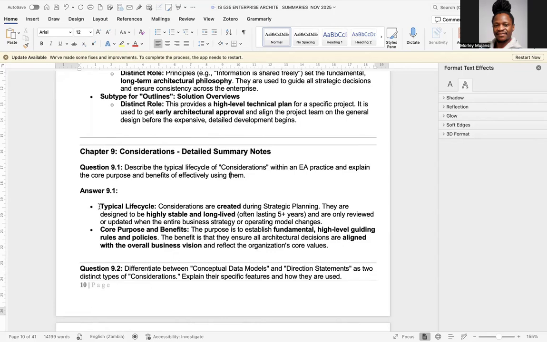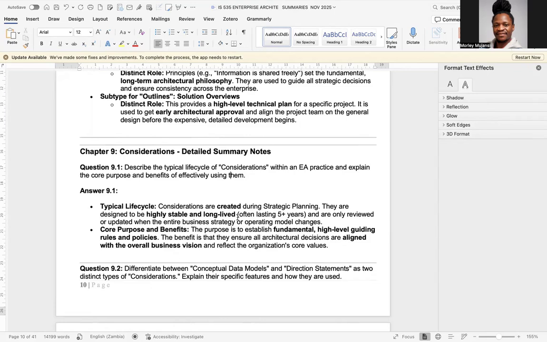So what we are saying here is that the considerations, we are saying these usually foundational rules, high-level rules that might take a period of 5 or more years.